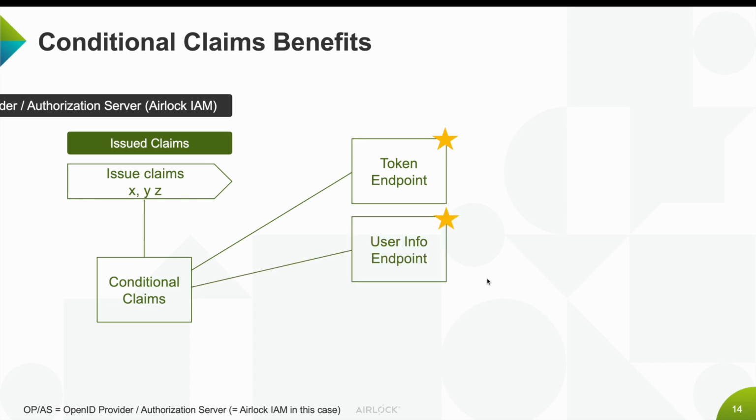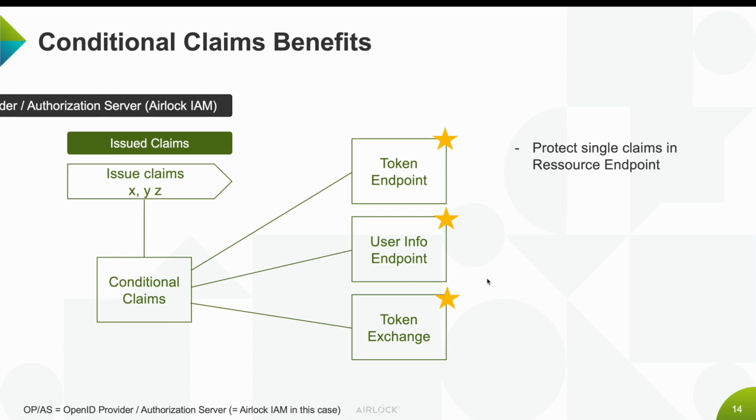Then you can also use it in the user info endpoint, and it is also part of the token exchange feature. So what does this mean? It makes it a lot more flexible. You don't have to configure multiple authorization servers. You can take full control of how to handle scopes and what claims to include in the tokens based on these scopes and based on other conditions.